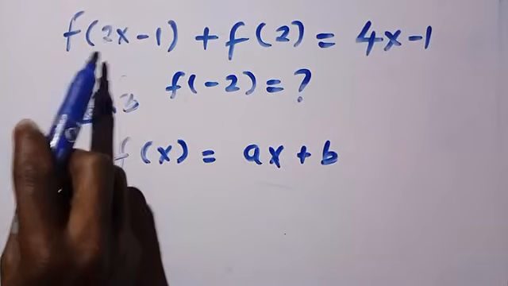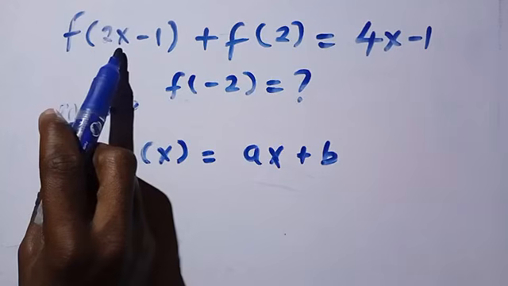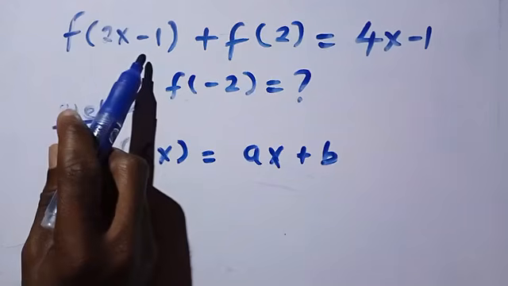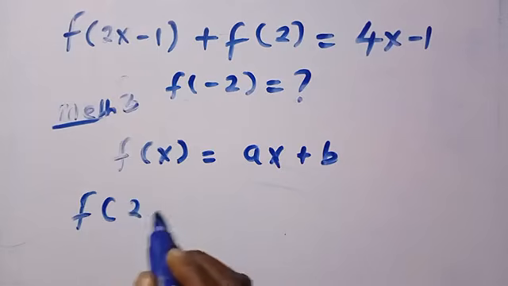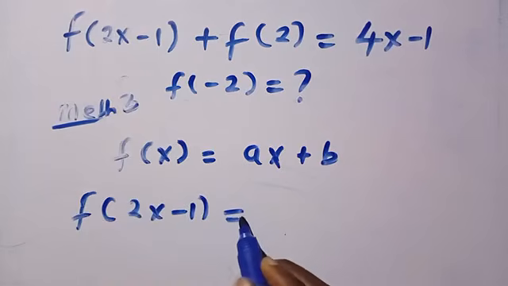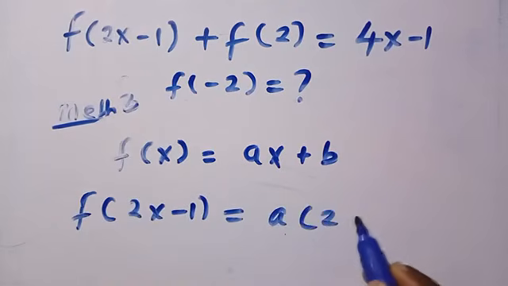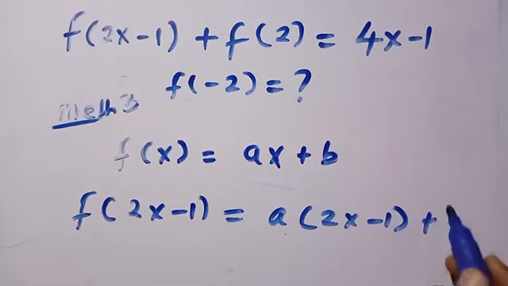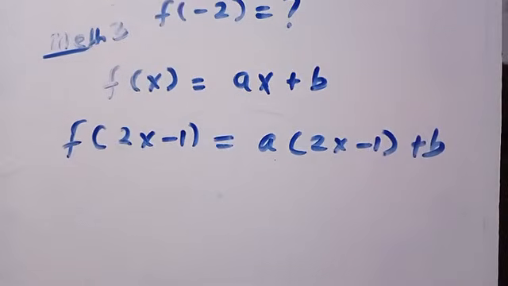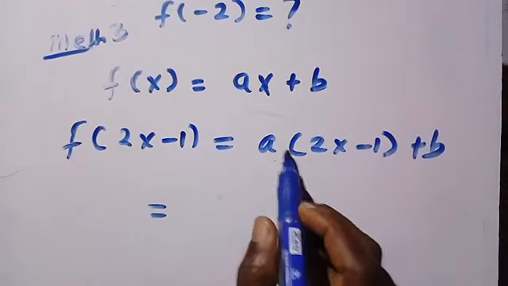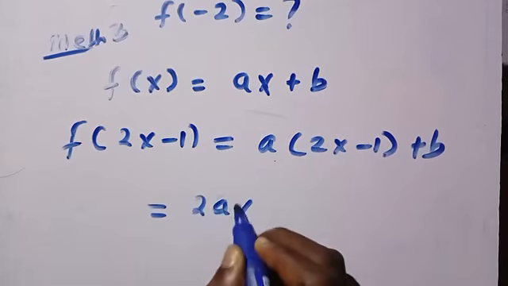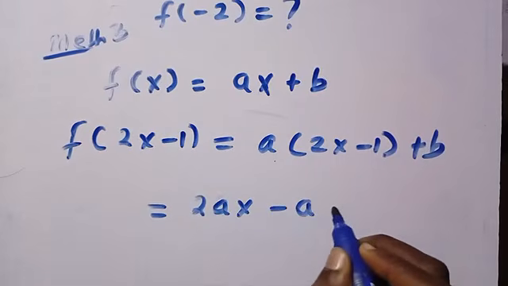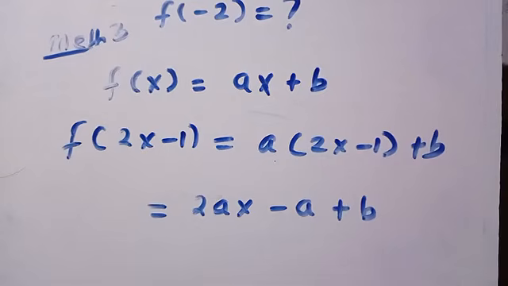So everywhere here, we arrange f of 2x minus 1 by changing this x to 2x minus 1. We have a into bracket of 2x minus 1 plus b. So this equals a times 2x, that is 2ax minus a plus b.